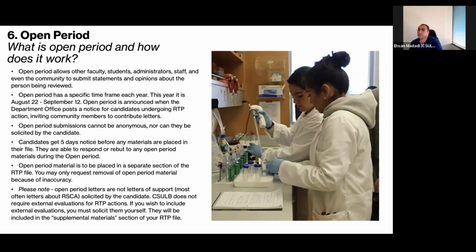Correct. Okay, I think I know the answer, but I'm going to defer to Simone because this is her area of specialization, what goes in the files. Thanks. Hi, Simone. Hi, so open period letters that you have already submitted for prior review will not be part of your current packet because the only thing that you're adding to the prior evaluation section is the recommendations that you got from the department and college level, and then the decisions from your dean or the provost.